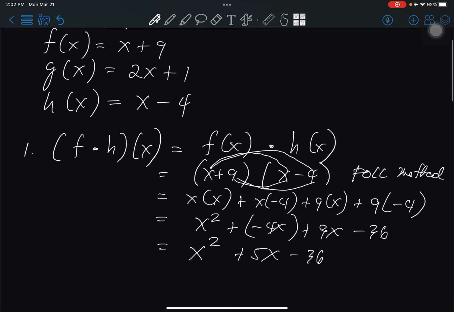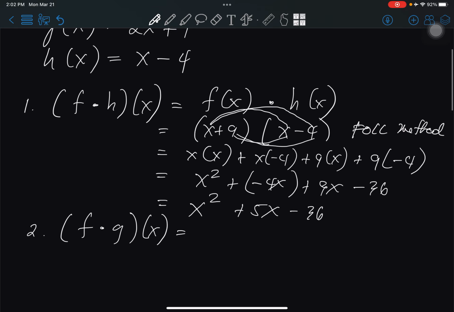How about if we are going to find out the product of f multiplied by g of x? Okay, so this can be expressed as f of x multiplied by g of x.